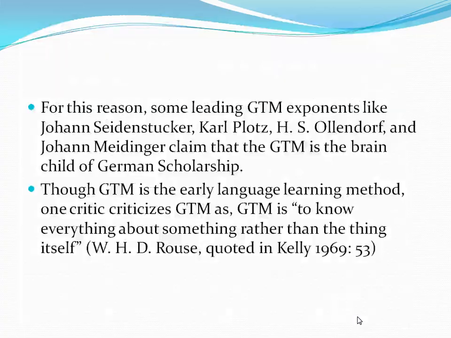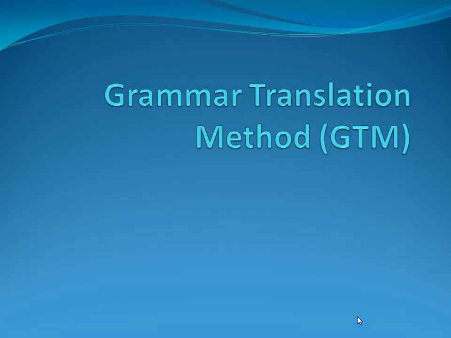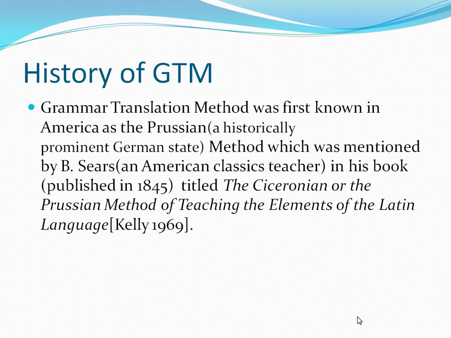If we go back to the history of the grammar translation method: it was first known in America as the Prussian method. Prussia is a German state, and German scholars first initiated this method. For this reason it is connected with German, Greek and Roman literature and civilization. That is the oldest method.